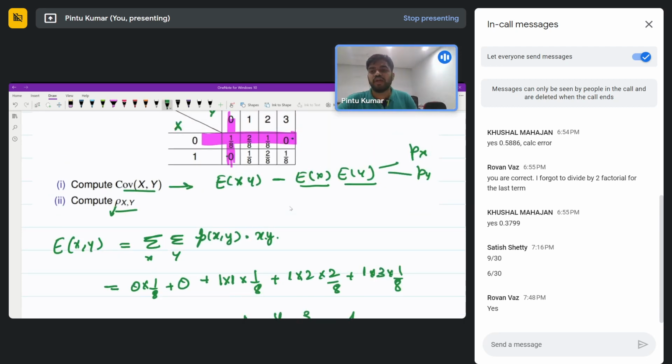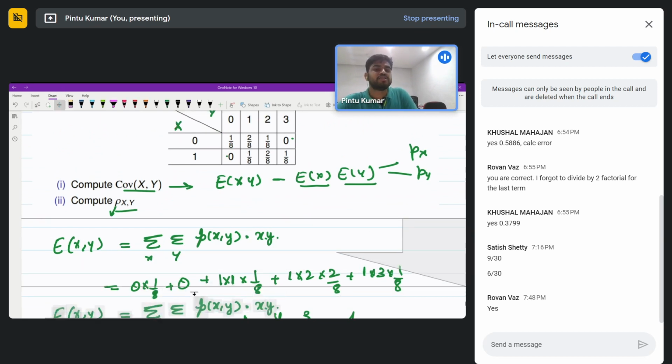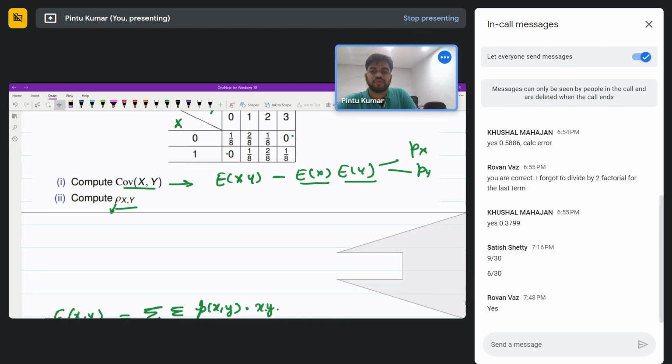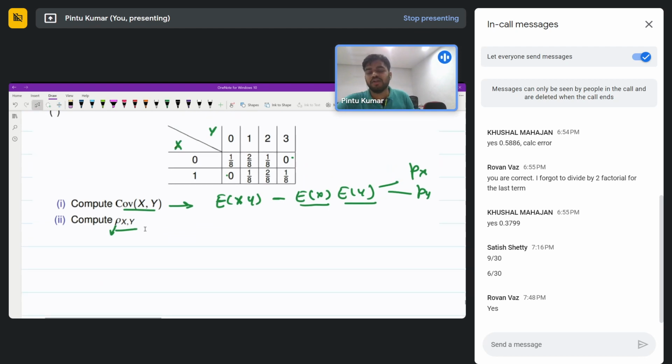Now, in order to calculate the expectation of x and expectation of y, we need marginal distributions, right? From the table, what is the probability of x equal to 0? I said you just need to sum over y. So probability of x equal to 0 and y equal to yi, you need to sum over all the yi.